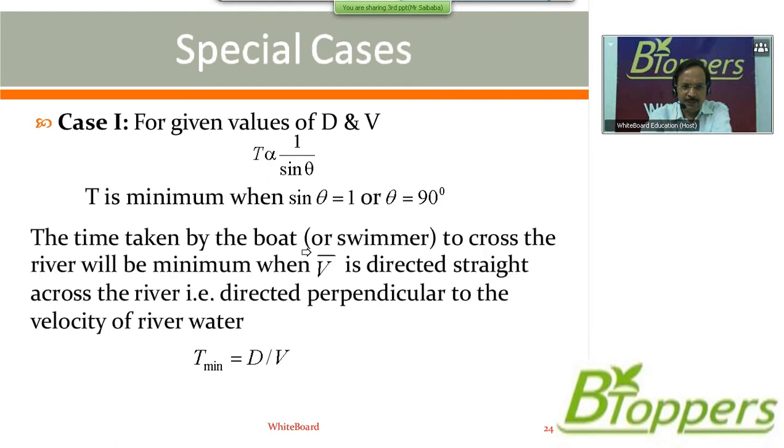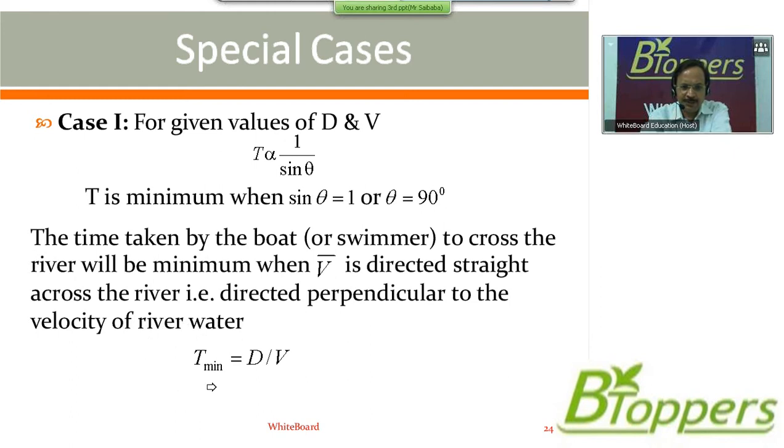That means the time taken by the boat or swimmer to cross the river will be minimum when V bar is directed straight across the river, that is, directed perpendicular to the velocity of river water. So this is the conclusion you have to remember while solving problems on a boat crossing the river: the time taken is minimum when V bar is perpendicular to U bar.